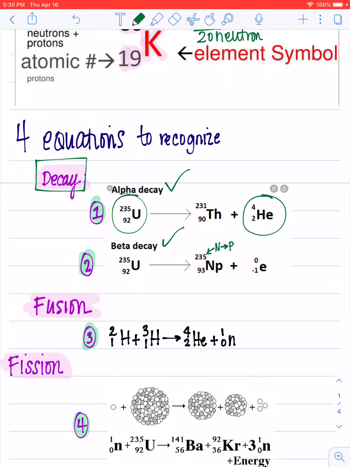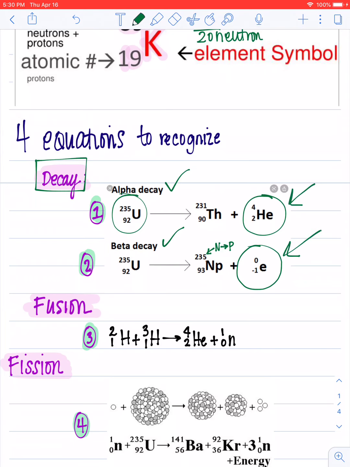And this is a form of radiation. In beta decay, you can see that instead of giving off an alpha particle, it gives off a beta particle. So the same identical isotope can actually go through alpha or beta decay. Every element has a tendency to do either alpha or beta or both, or maybe it does positron emission.